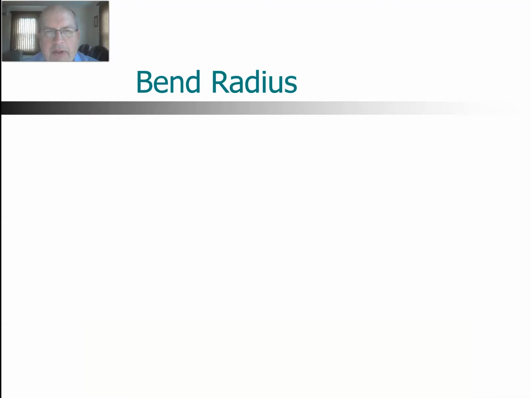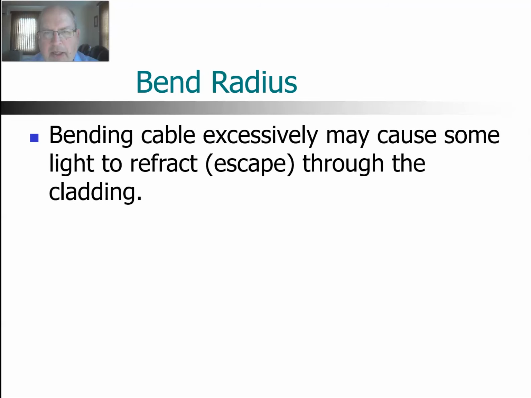One thing you have to be concerned with in fiber is something called the bend radius. What this means is that when you are installing the fiber, you've got to be careful that you don't bend it too sharply. Because if you do that, the light will no longer have the angle needed for total internal reflection, and therefore the light will escape through the cladding, and you'll lose that light.